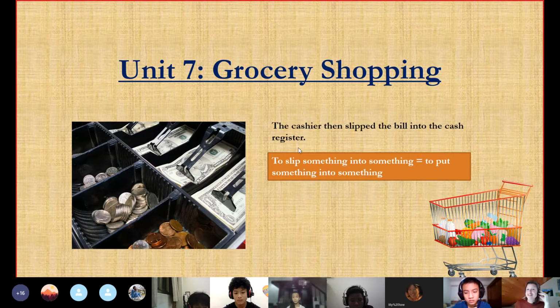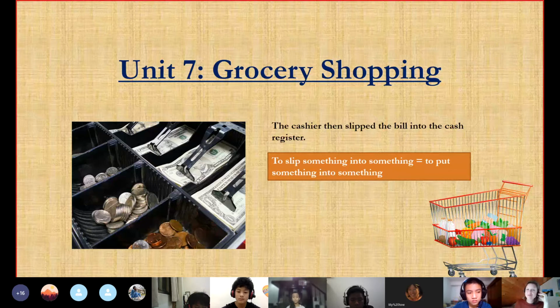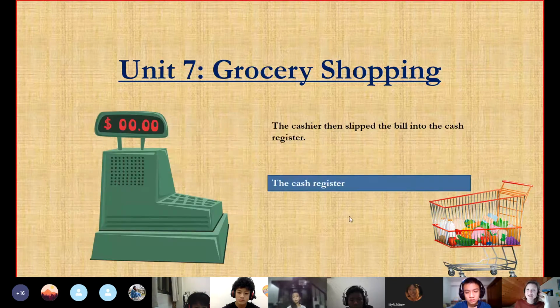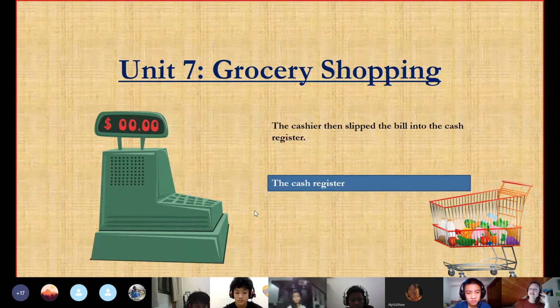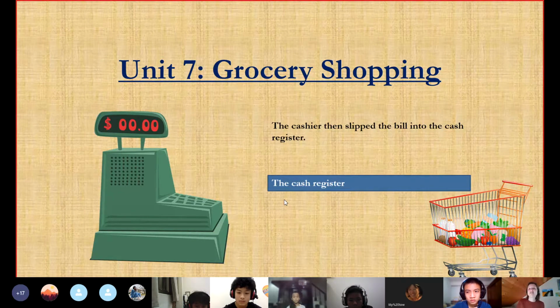Okay, Bruce, what is the cash register? Do you know? Can you maybe explain? He can place money. Very good. Yeah, it's where we put the money. So this, for example, is a cash register. Very good. So this is where we put the money, where all the money is at the checkout.